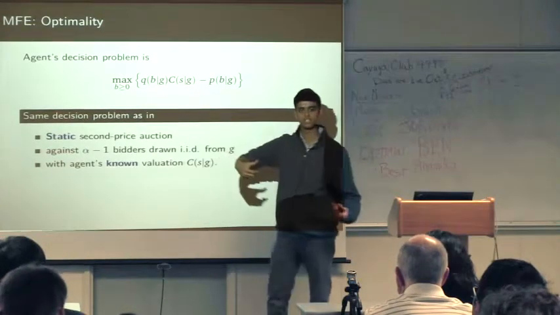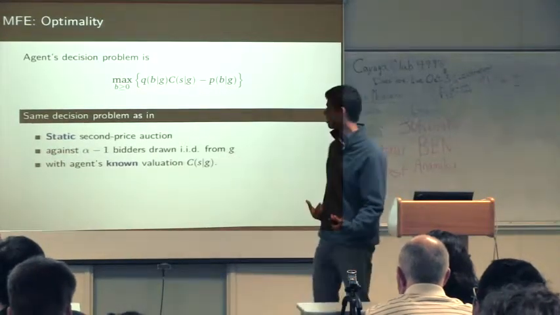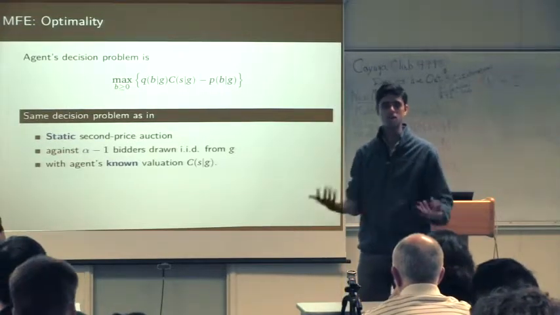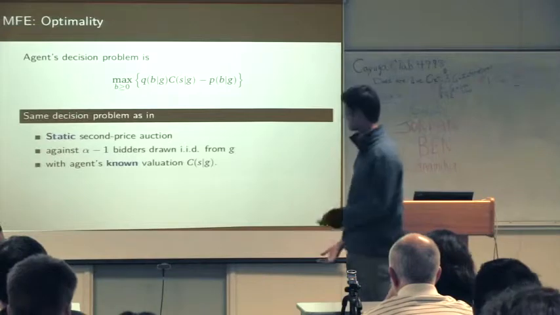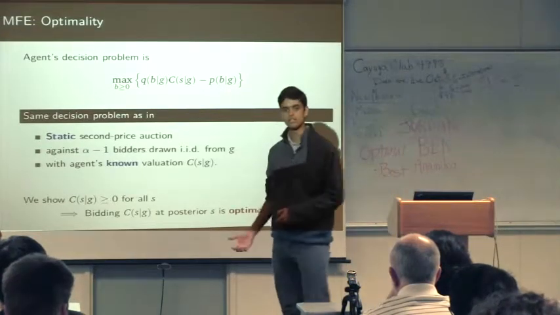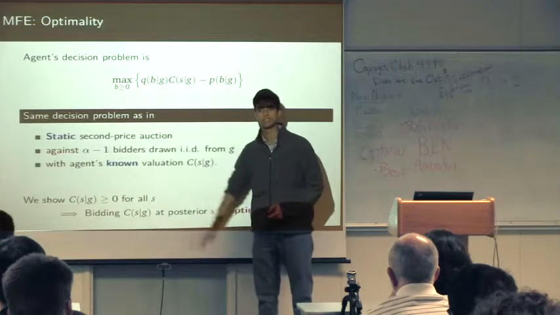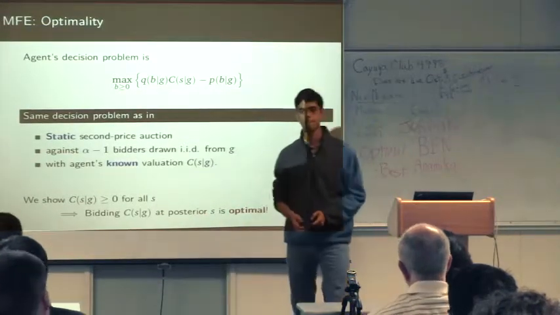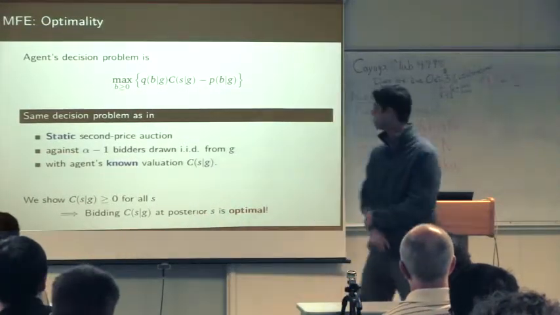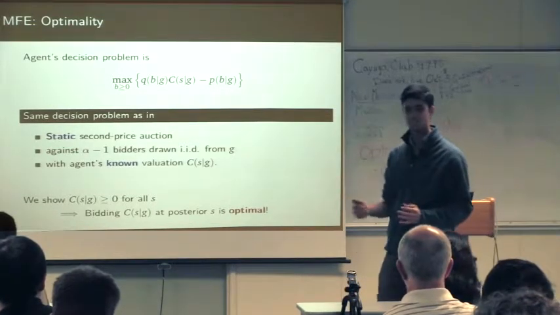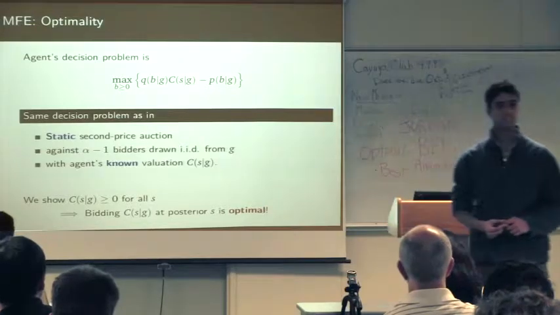This is just a static second price auction, and as I mentioned, in a static second price auction, bidding your value is optimal. So in this case, bidding this quantity CSG is optimal. We have a nice characterization for the bidder strategy.